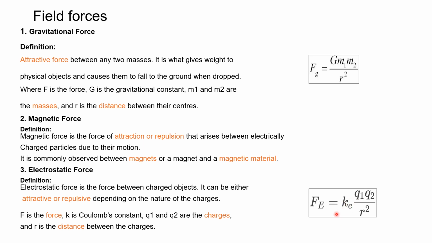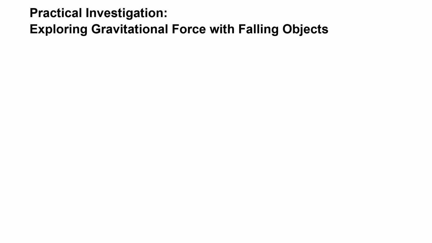Whenever you bring two charges together, the closer they get to one another, the electrostatic force of attraction or repulsion becomes larger and larger. If you move the charges apart, the further they move away from one another, the force becomes lesser and lesser.